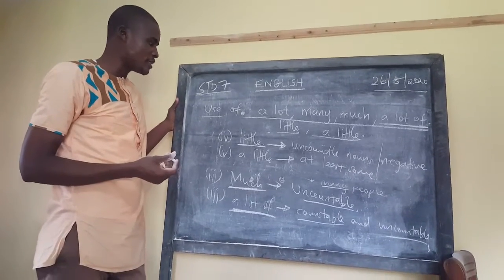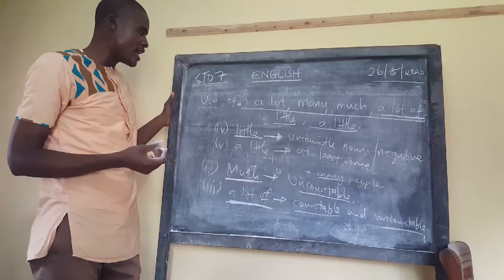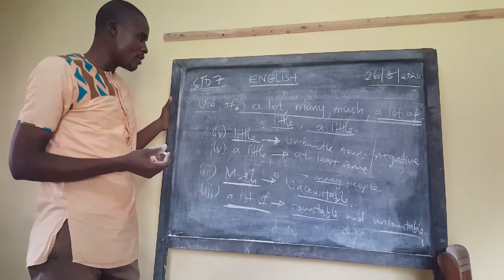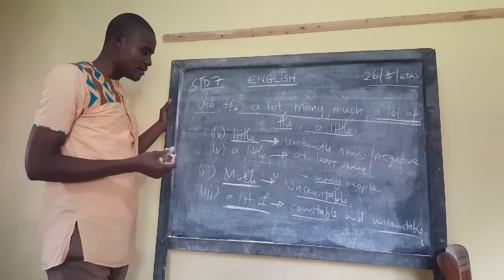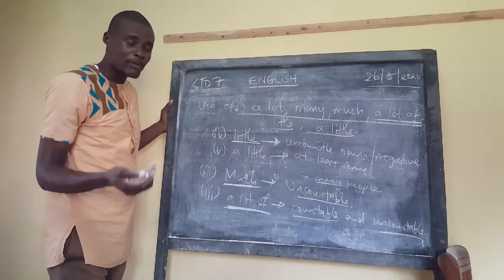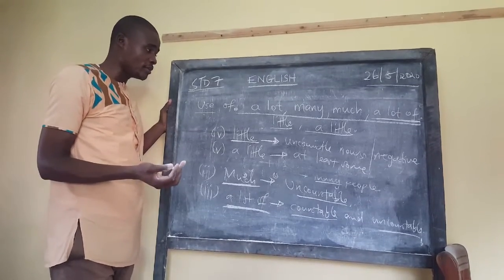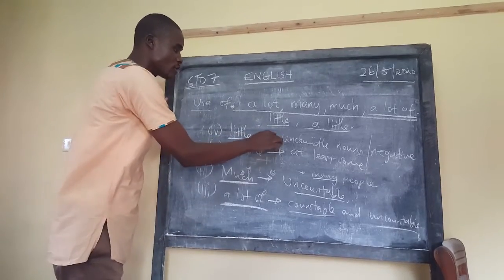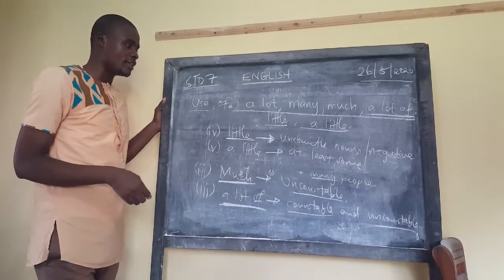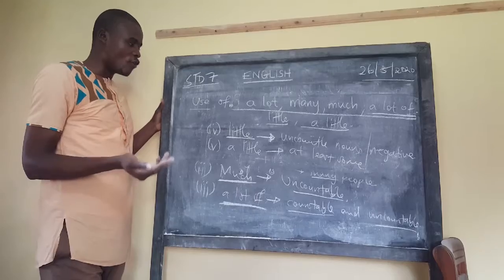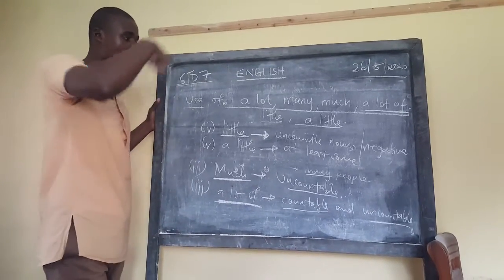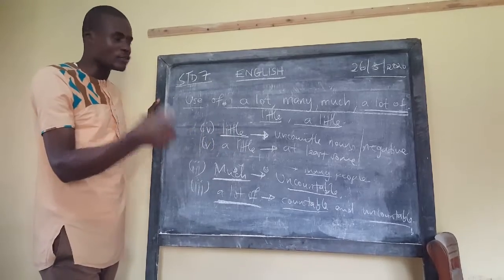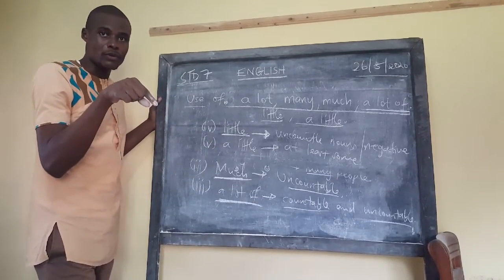In most cases, we use it in a question. "Is there salt remaining? Is there salt in the salt dish?" Then you can say, "No, mother, we have little salt in the dish." So already you're telling mother that we have very little. That's why you say no, you don't say yes.